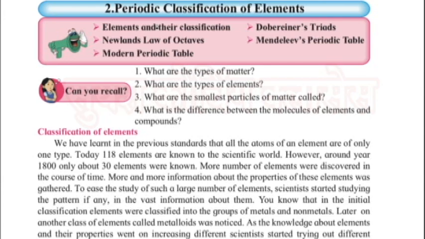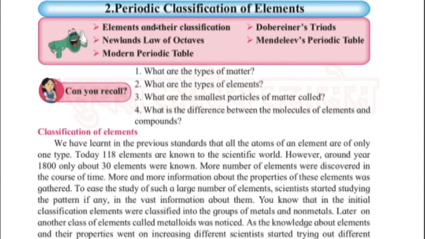Okay, so one more question is there: what is the difference between molecules of elements and compounds? Now you are aware of elements. Elements have same composition of atoms in it: hydrogen, fluorine, chlorine, bromine, iodine. These are the elements. They are having same components, same molecules. Their structure is same. But what are the compounds?